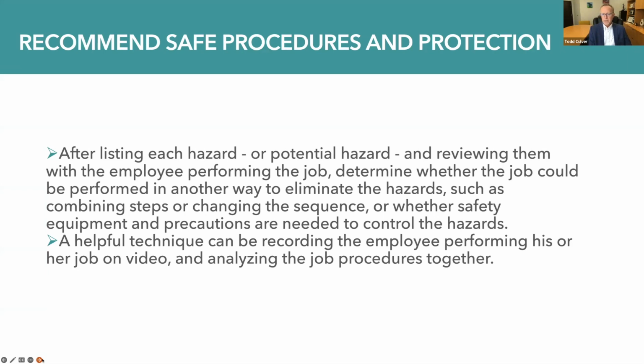So after listing each hazard, again, whether observable or potential, and reviewing them with the employee performing the job, determine whether the job could be performed in another way to eliminate those hazards, such as combining certain steps, altering the sequence, or whether safety equipment or other precautions are needed to control the hazards. And a helpful technique in this regard can be recording the employee performing his or her job on video and analyzing the job procedures together.